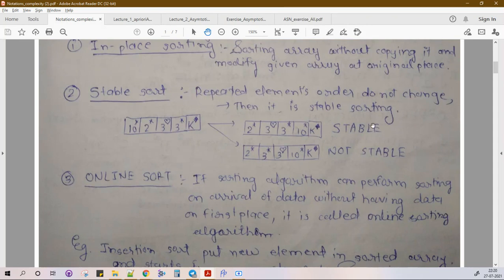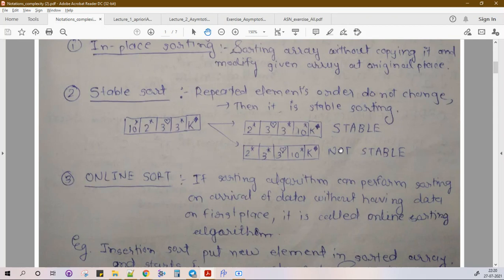So what is stable sort? If I sort this array, it would be 2, 3, 3, 10 and king. The three of hearts is in the third position, before the three of asterisk, right?